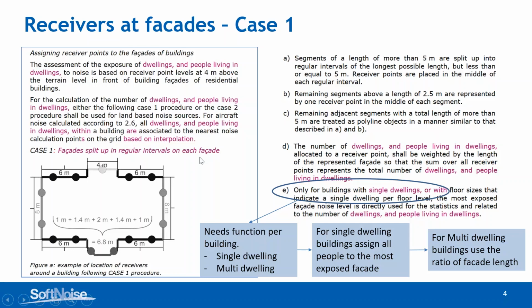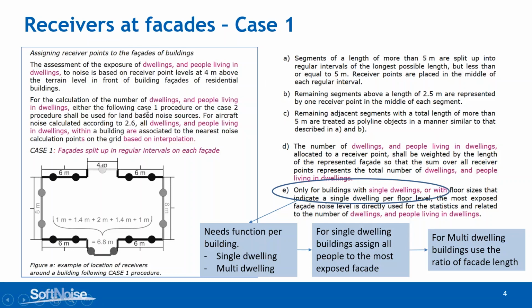That means that you need to have a function per building. So you need to know which buildings are considered to be single dwellings and which buildings are considered to be multi-dwellings. For a single dwelling building, you have to assign all people to the most exposed facade. And for multi-dwelling buildings, you have to use the ratio of the facade length divided by the total length. So there's a difference between single dwelling and multi-dwelling, and that's already interesting to realize.